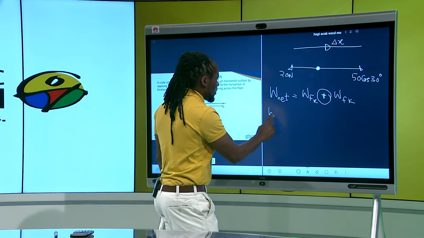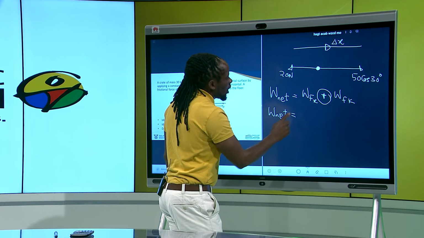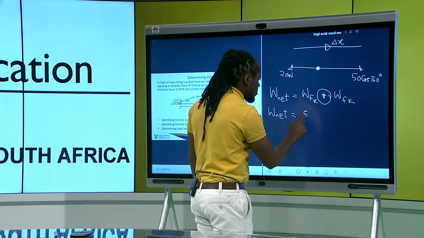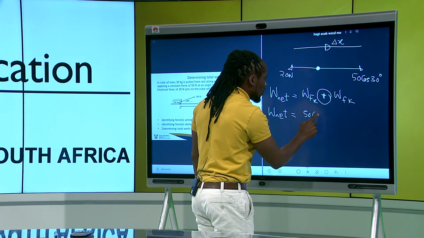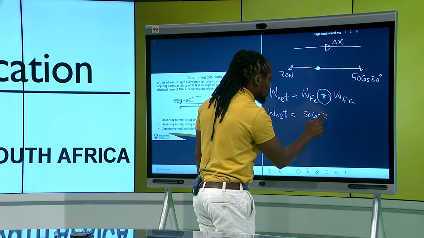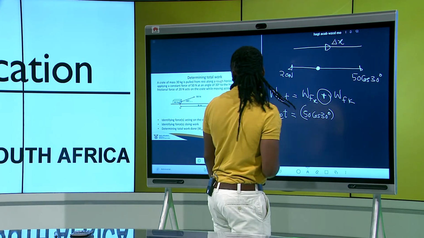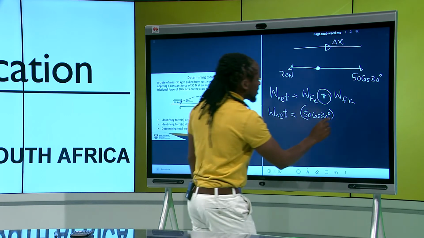Now, work net reduces to, in this case, Fx, so that's our 50 cosine of 30 degrees. This is the magnitude of Fx. The displacement is given, it's 6 meters.